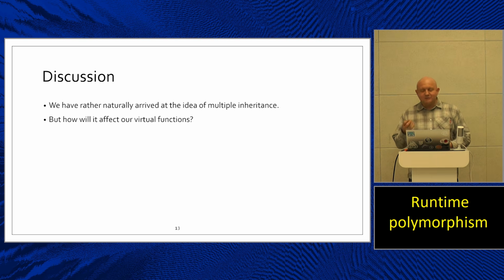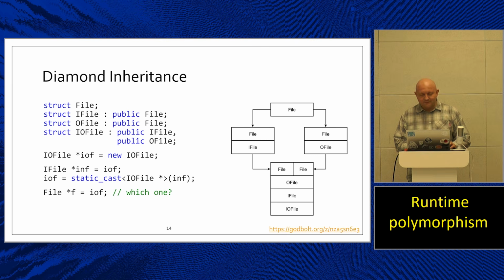Once you start composing behavior from different bases, multiple inheritance appears almost by itself. And now the question is, how does this interact with virtual functions and runtime mechanisms? Because as soon as we introduce multiple inheritance, the layout of the object becomes more complicated, and that has consequences.